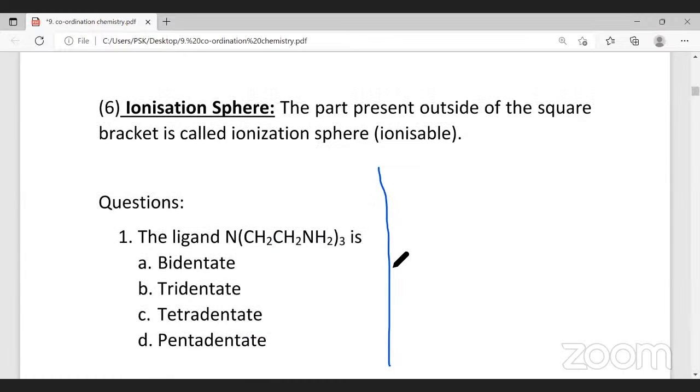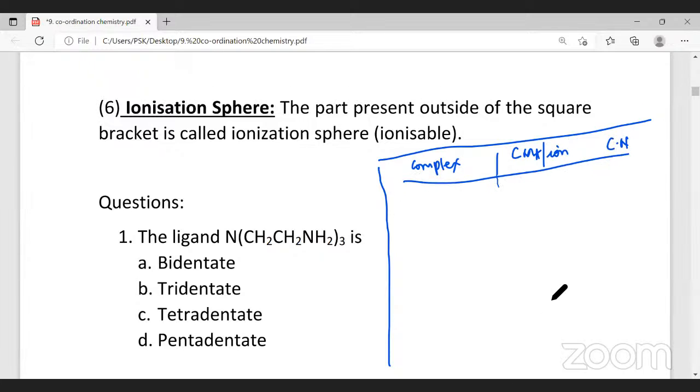We were in a little hurry in the last class, so we will try to understand this. This is the complex, and this is the central metal atom or ion. What is the coordination number? We discussed coordination number roughly in the last part of the class, so we will try to be a little clearer about it.